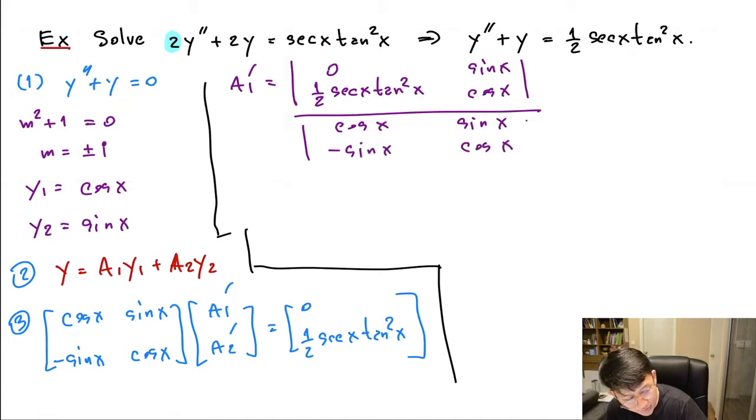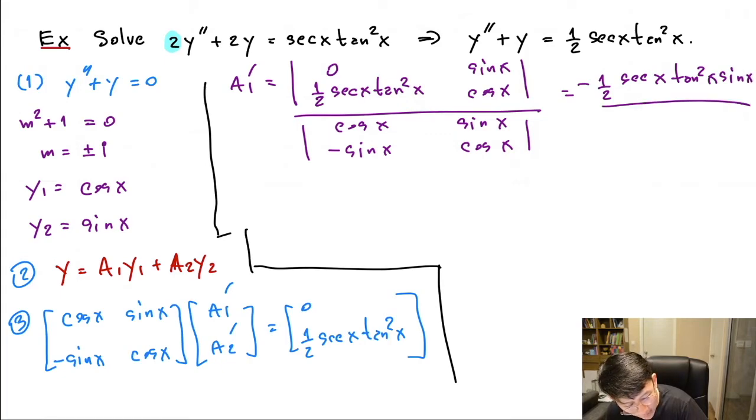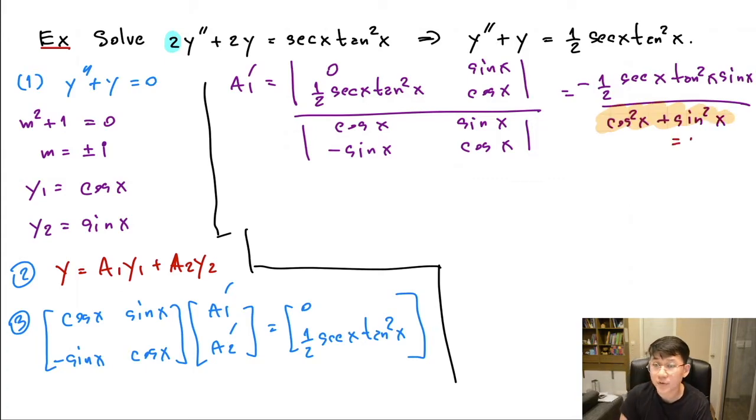That is minus 1/2 sec x tan squared x sin x divided by cos squared x plus sin squared x. But guys, cos squared plus sin squared is always 1, right?